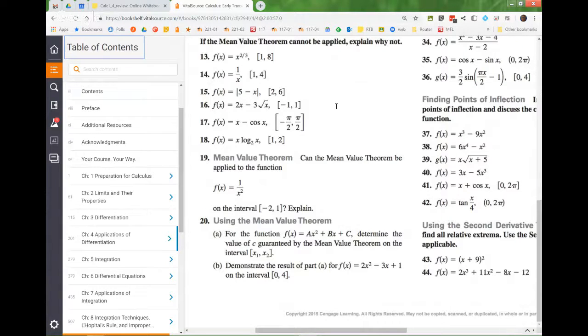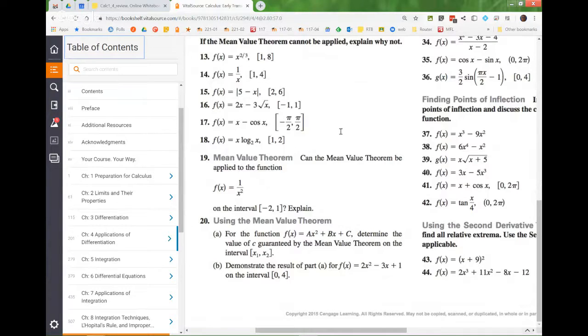When you need to find the y coordinate. That is not very common, but if somebody said to you, what is the relative max? Then you'd have to substitute back into the original function. What's the y coordinate? So whenever they ask you for actual points and you need the y, which doesn't happen very often, that's when you would go back to the original.